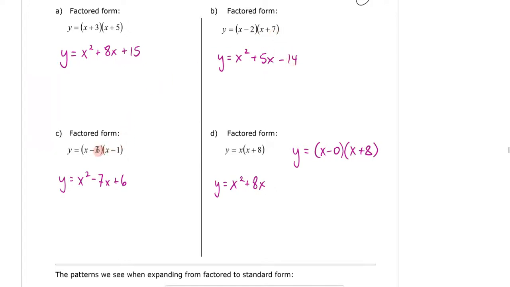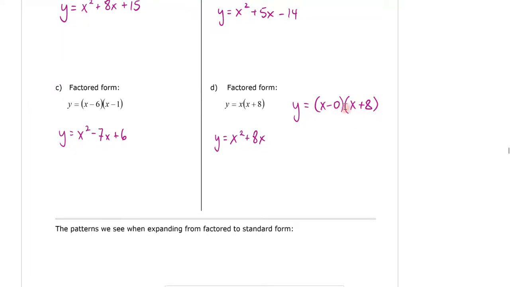What about negative 6 and negative 1? When I add these 2 numbers together, I get negative 7. And if I multiply them, 2 negatives make a positive, so I get a positive 6. And over here, 0 plus 8 gives me 8, and 0 times 8 is 0, which is why I have nothing afterwards. So there's a distinct pattern going on here.